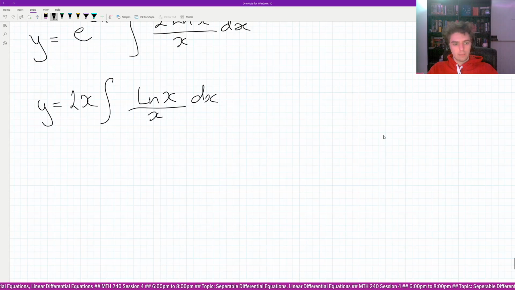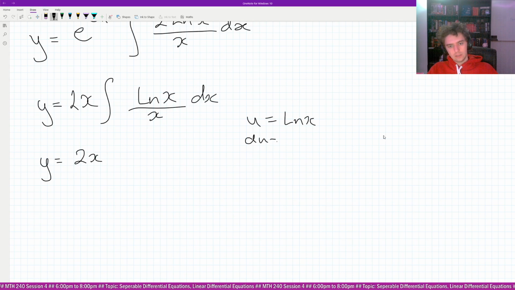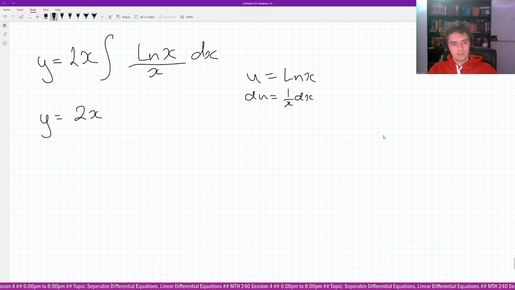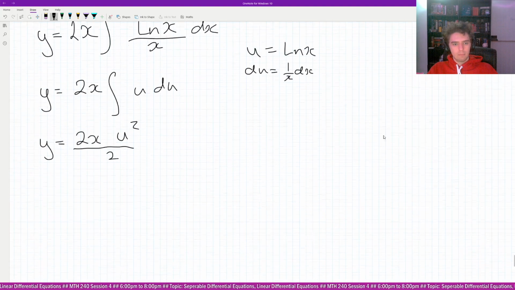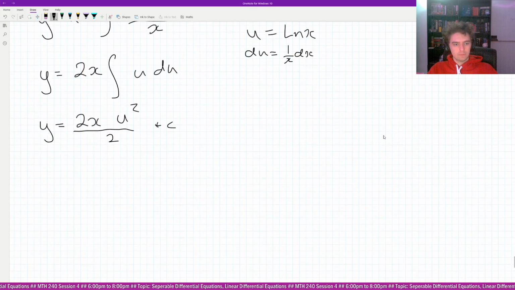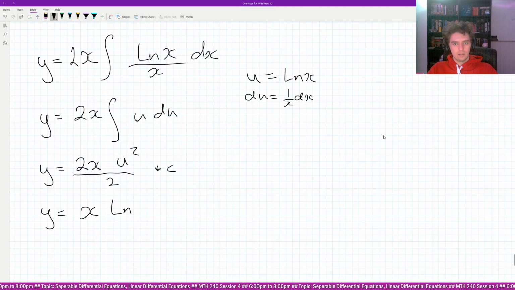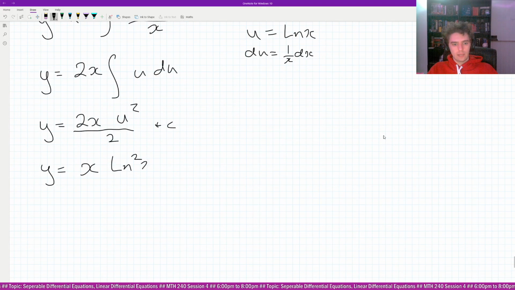And I can just do the u sub here now, right? So y equals 2x, u equals ln x, du equals 1 over x dx. Integral of u du, y equals 2x times u squared over 2, plus c. So y equals x ln squared x plus c.